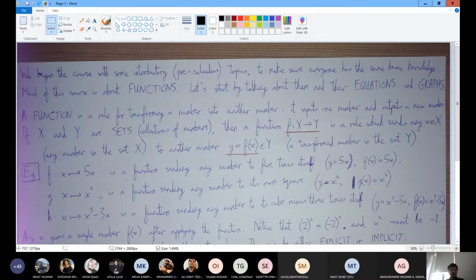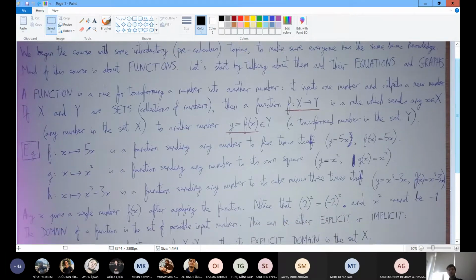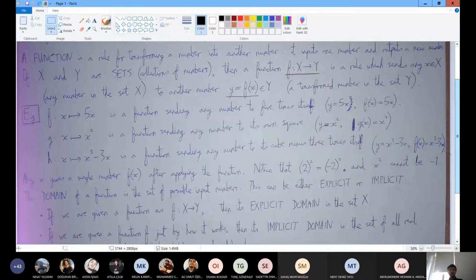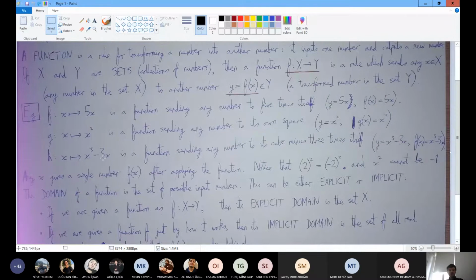g of x equals x squared is another function. It sends any number to its own square. So you input a number x, you square it. x cubed minus 3x, this is another function. That of course should be h and not f.